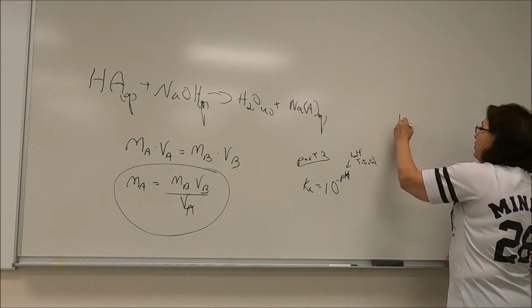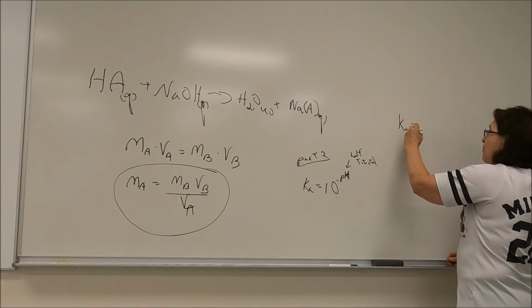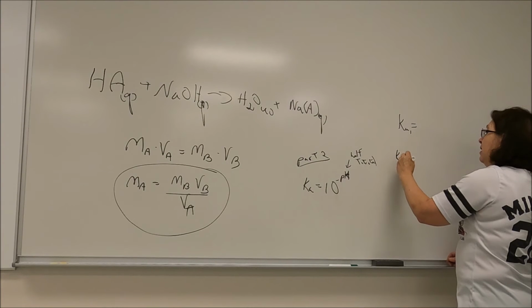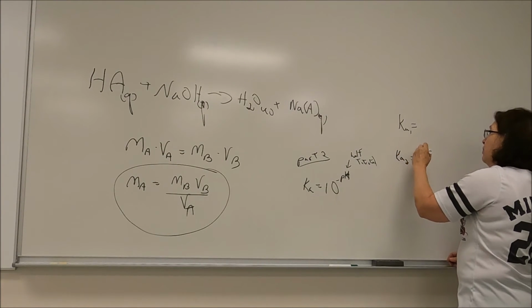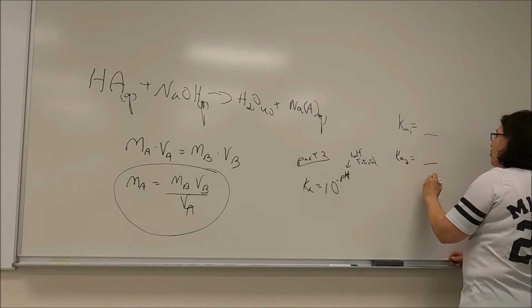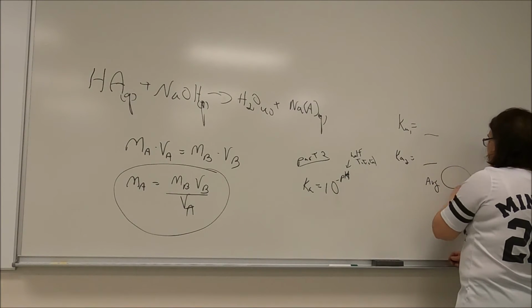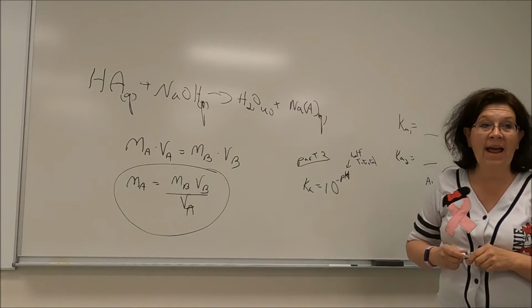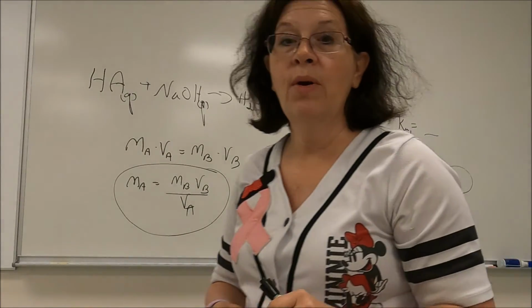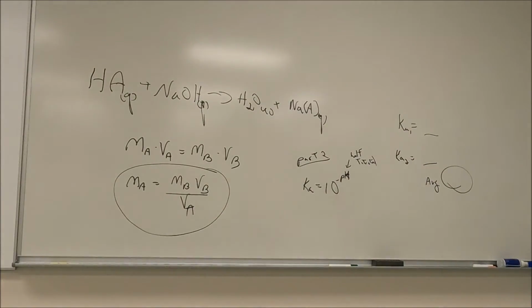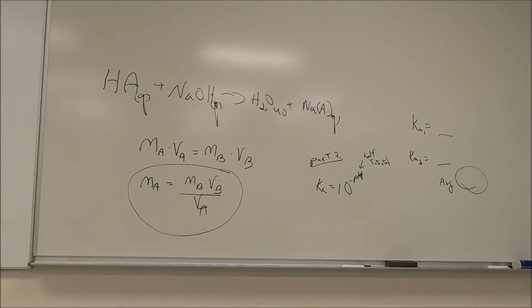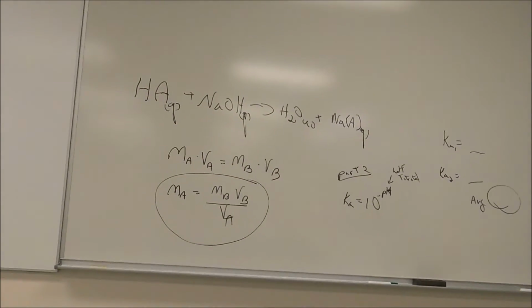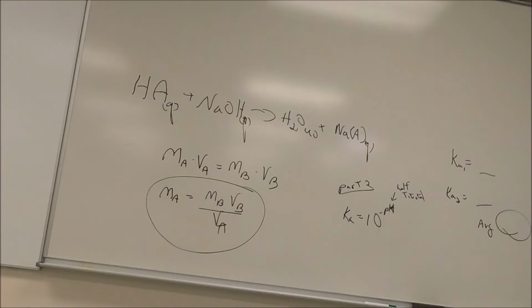Now, you're going to have two Ka values, a Ka from part 1 and a Ka from part 2. Average those. And you're going to compare them against some known acids. So let me give you some known acids here and let you figure out what your acid is.